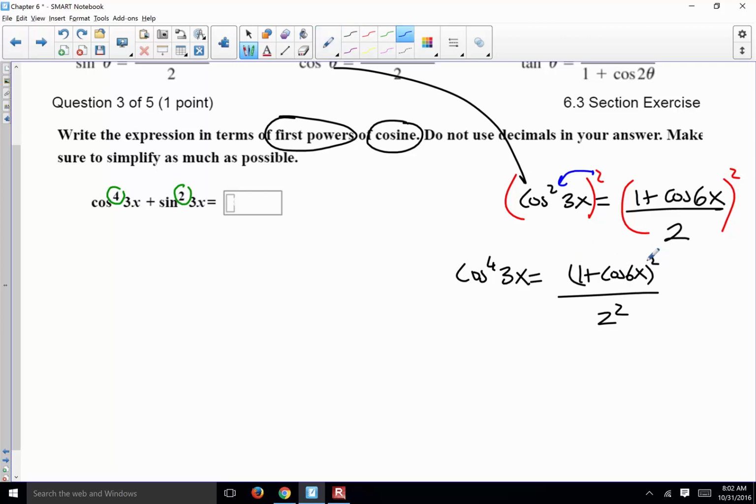First off, I'm going to FOIL this by squaring it, and I'm gonna get 1 squared plus cosine squared 6x. 2 squared is 4, by the way, right? I'm sorry, 6x and 4.